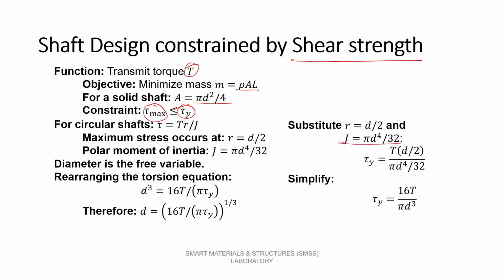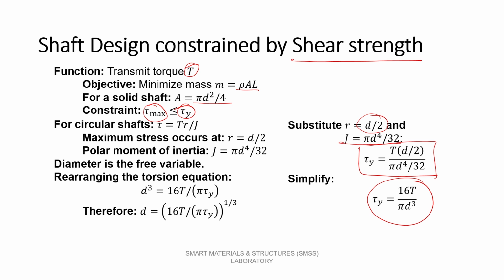So, TR over J, and we already know J as pi d to the power 4 by 32, right. So, I already know what the tau is going to be with R as d by 2 and J as a function of d. So, both of them are functions of d. If you incorporate all of them together, then you get the expression for tau y. Okay. Now, tau is tau y, and that is T d by 2 over pi d to the power 4 over 32, which can be simplified as tau y equals 16 T over pi d cube.